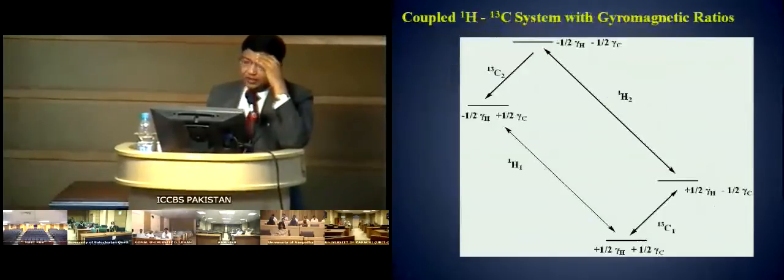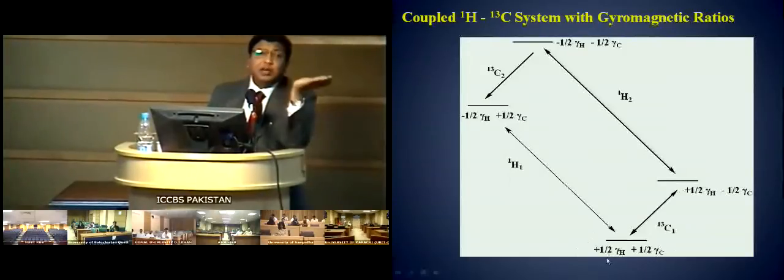Now this is where the difficulties start appearing in the understanding, and I'm not really sure why it was difficult for us to understand, because these are spin half nuclei.